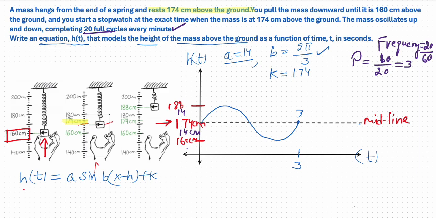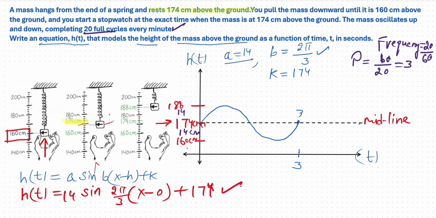Your final answer will be h(t) equals 14 sin(2 pi over 3 times x), but there is no phase shift, so h is 0, and k, which is the midline, is 174.